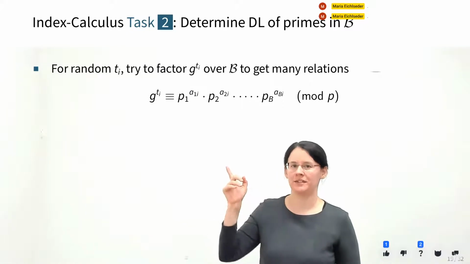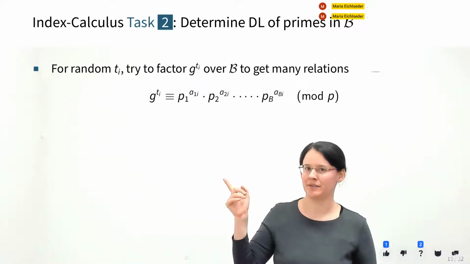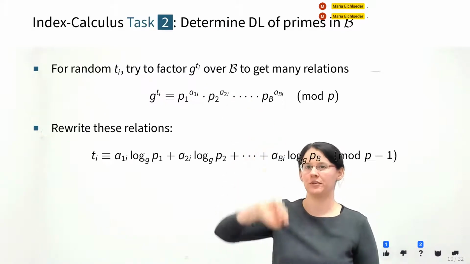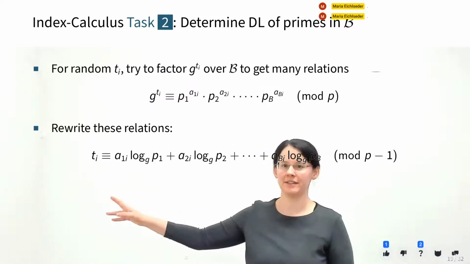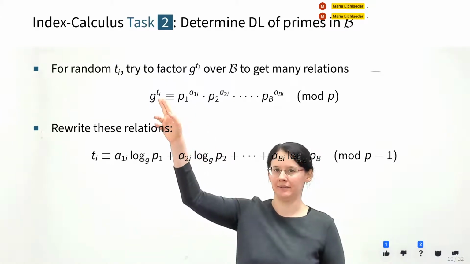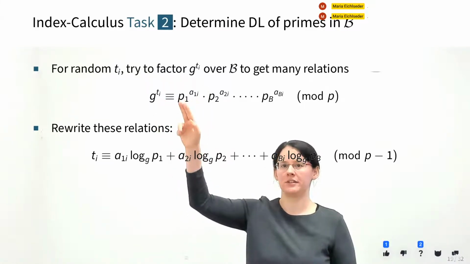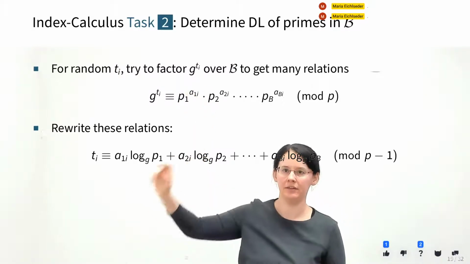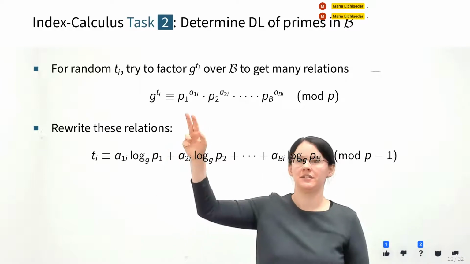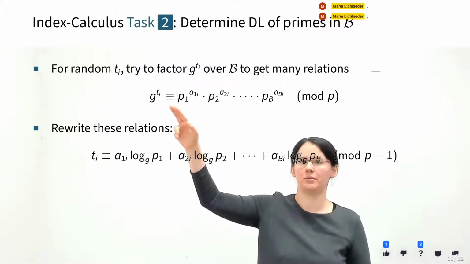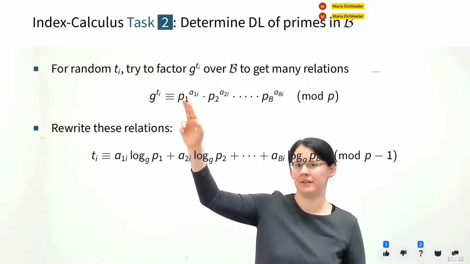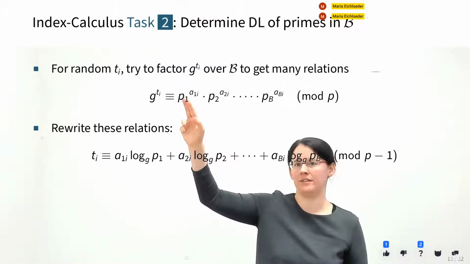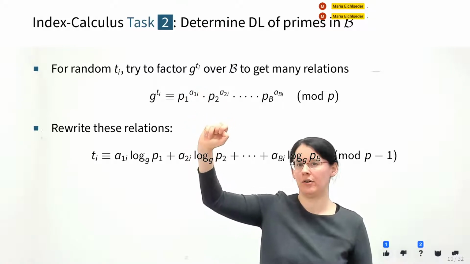And then I'm going to do the same thing we already saw a couple times. I'm going to look only at the exponents. So what exponents do we have here? On the left-hand side, clearly the exponent is t. How about the exponents here? So apparently I have an exponent a here. However, the question is, what is the exponent with relation to g and not p? So I need to rewrite p as g to the power of something, and that then to the power of a.